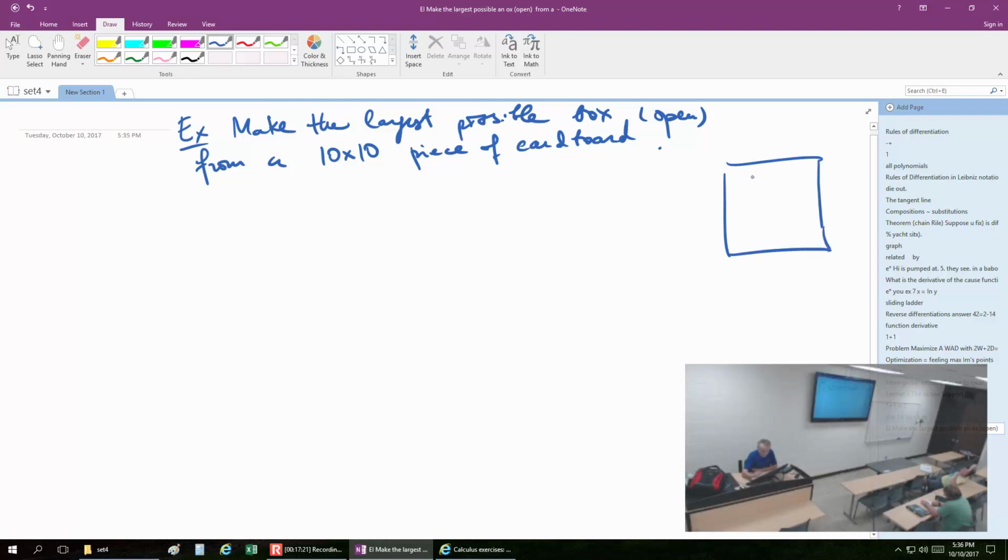So indeed that's the idea. If you want to make a picture, cut out the corners, fold it, and make a box. We are in a similar place as with the problem of the enclosure for the farmer. So we have to make sense of it first. We have to be specific about what we mean by the largest.